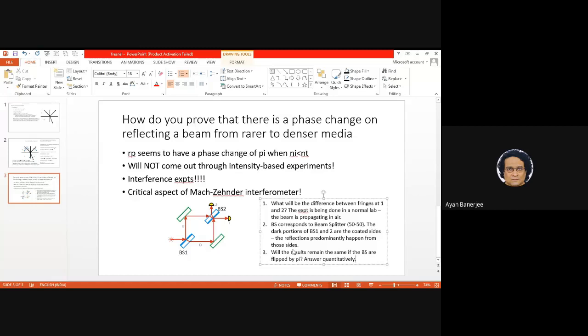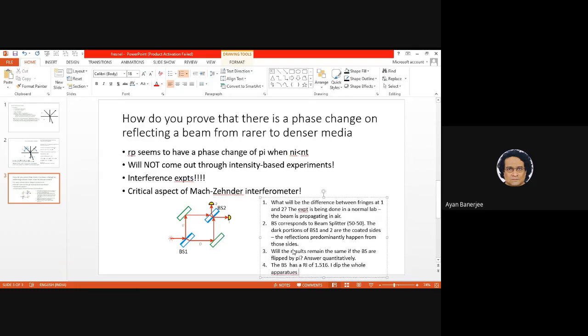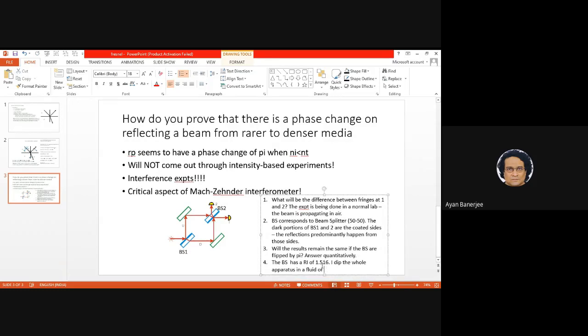Okay, let me just ask this. The medium, the BS has a refractive index of 1.516. I dip the whole apparatus in a fluid of refractive index 1.526.